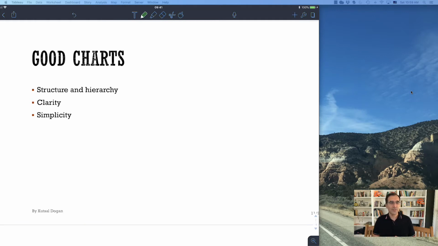We're going to talk about these with examples. These two terms, clarity and simplicity, add up to Edward Tufte's principles of a good chart. Here we're talking about chart integrity and the excellence of the chart. So those two things we're going to talk about in relation to Edward Tufte.